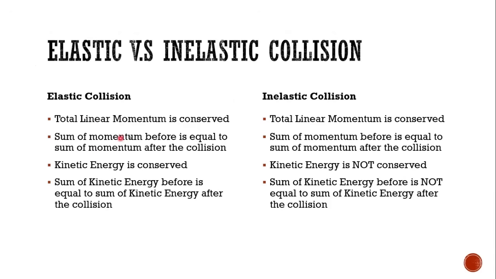The sum of the momentum before is equal to the sum of momentum after the collision, which obviously will be the same. But the differences lie in this: in an elastic collision, kinetic energy is conserved, but in an inelastic collision, kinetic energy is not conserved.